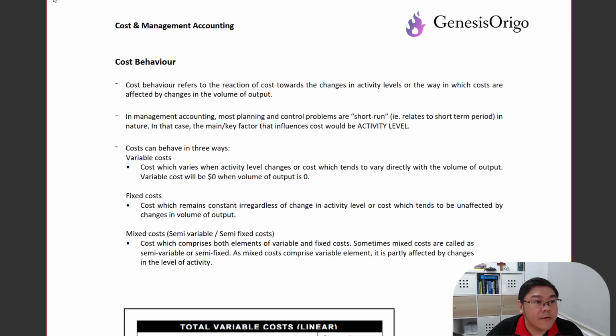We're going to look at cost behavior. Basically, when we talk about behavior, it's about how a person reacts or responds, right? So that's how we behave. In what way do costs behave? The way that costs behave is in terms of how the cost would react towards changes in activity level.